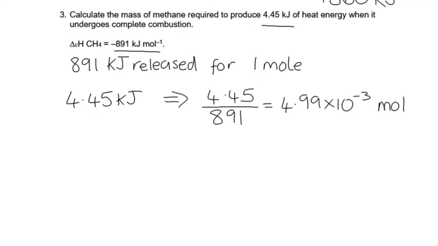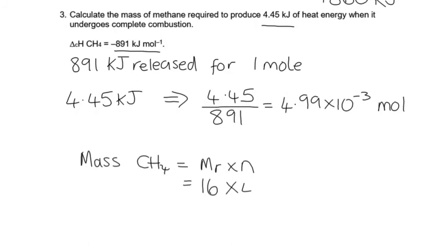Remember that 891 was 1 mole, and we've got an awful lot less than 1 mole. So what mass of methane is that? Mass is Mr times moles, and the Mr is 16, 12 and 4, times this number of moles, which equals 0.0799, or you might have rounded that to 0.08 grams.